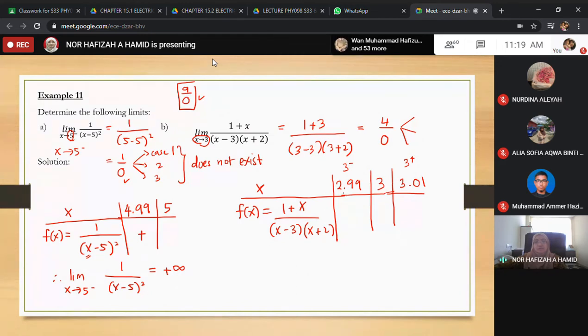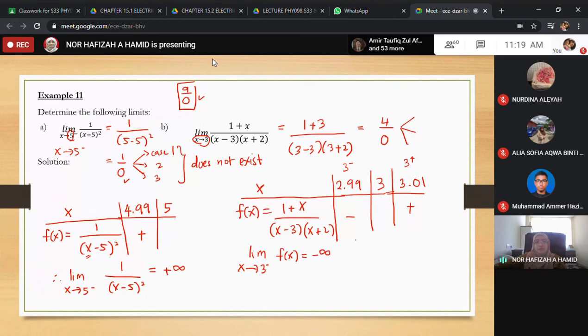So you substitute 2.99 into the function f(x), and the symbol is negative. Then when you substitute 3.01, you have positive. So you write down the limit as x approaches 3 minus of f(x) is equal to negative infinity.